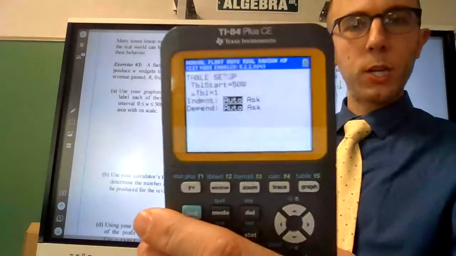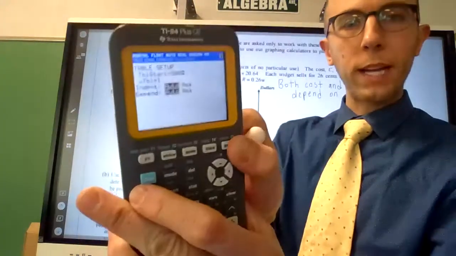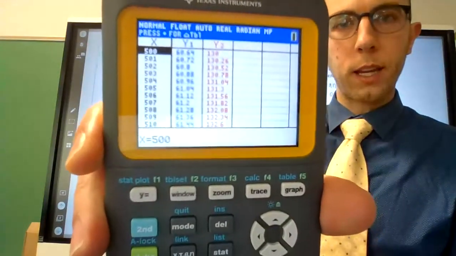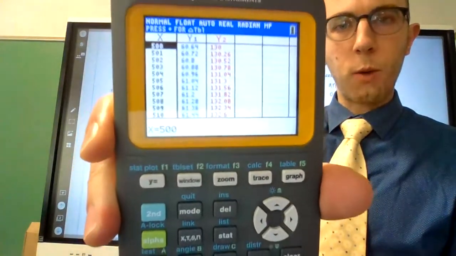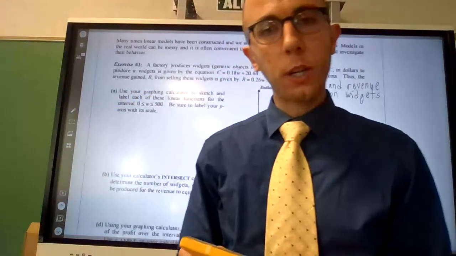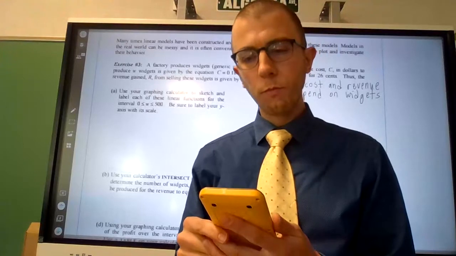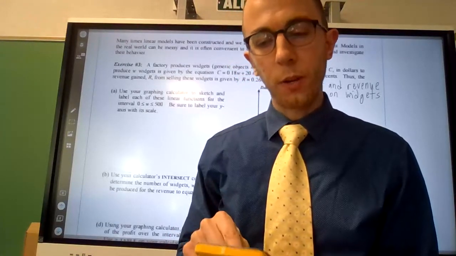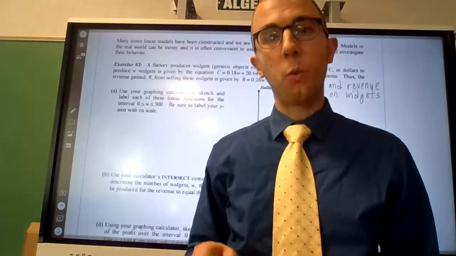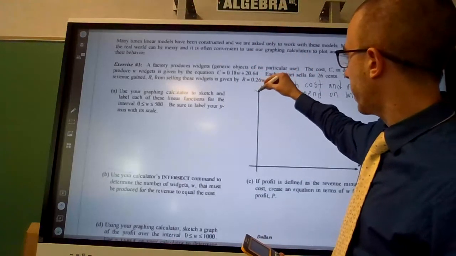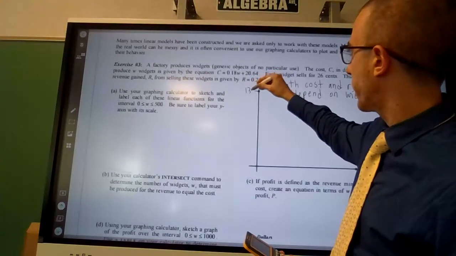So if I put 500 in here and then go to my table, this will show me how large I need to make the scale for my Y. So if you guys can see, at least on your calculator, you'll see that the largest Y value for an X value of 500 is 130. So this needs to get up to 130. I'm going to put 130 there.